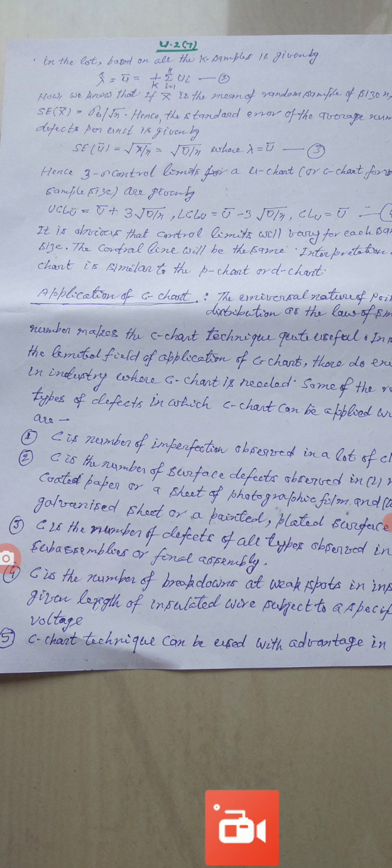Now we know that if x bar is the mean of a random sample of size n, then the standard error of x bar is equal to sigma upon root n.